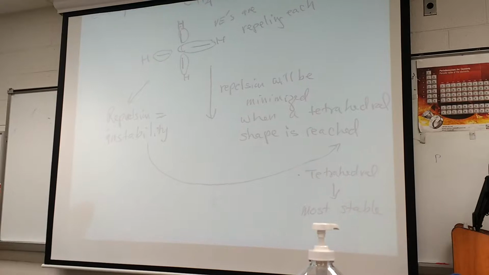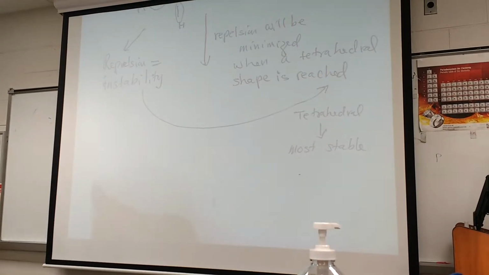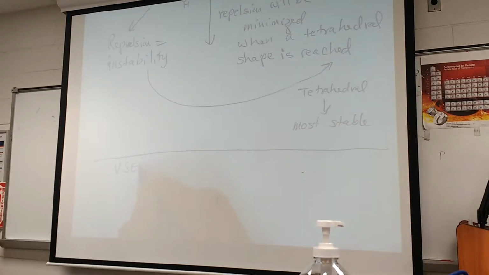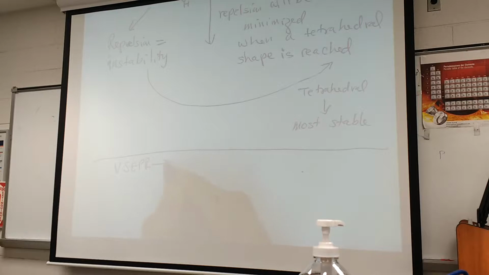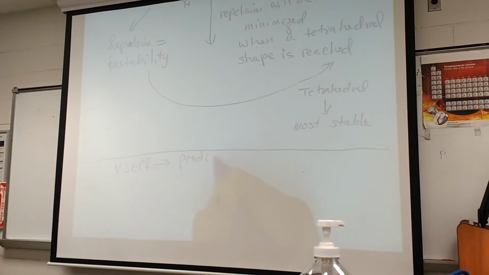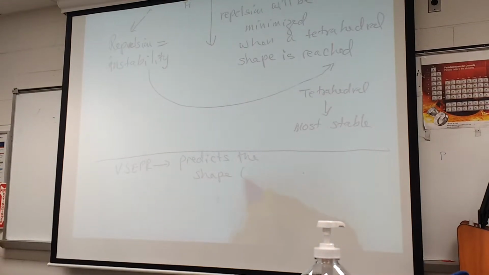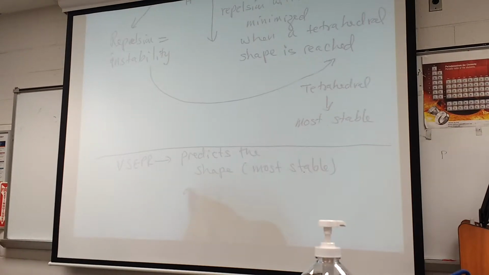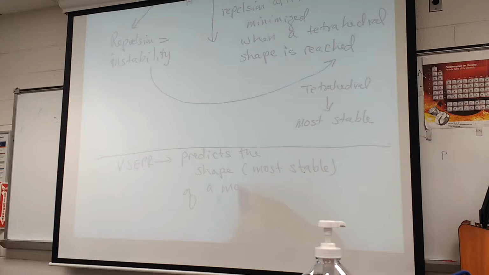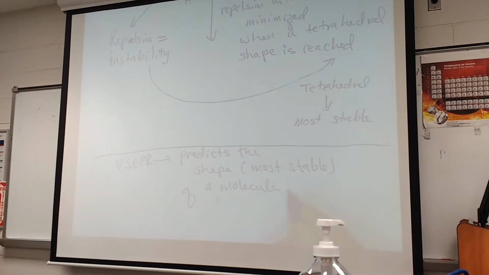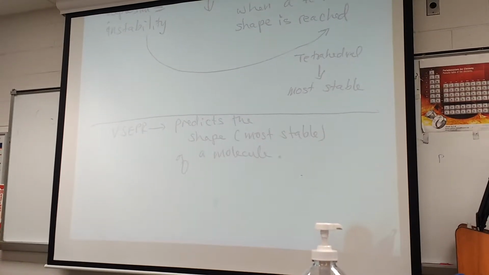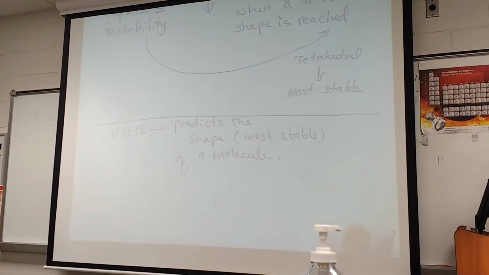What is VSEPR really all about? The whole idea is that it predicts the shape of a molecule which is most stable, correct? It predicts the shape of a molecule in its most stable form.